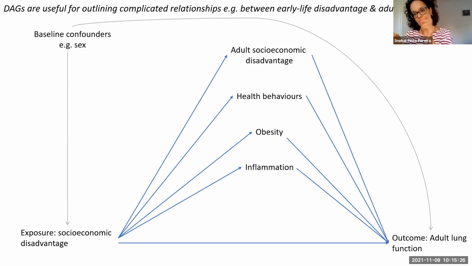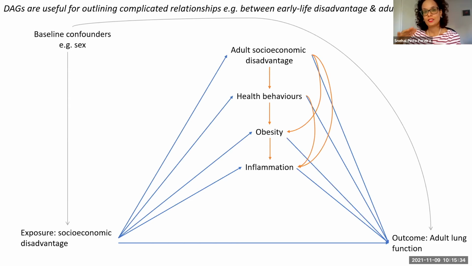And all these things can affect your adult lung function. And again, all these things that are happening in adulthood can affect each other. Yeah. So you can be disadvantaged in adulthood, which means that you have poor health behaviors, which can then affect your obesity and then affect your inflammation. Or for example, something like smoking, it can affect your inflammation either through obesity or directly.